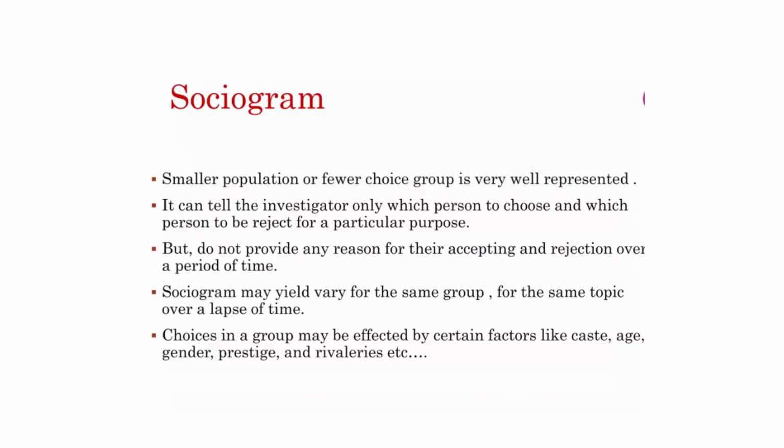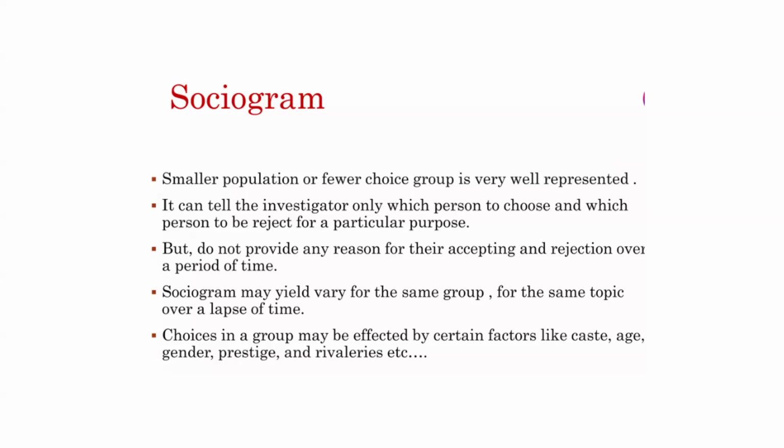So, a sociogram represents a smaller population with fewer choices very well. By using this sociogram, we can use it for a smaller population, because if we use it for a larger population, it's somewhat difficult to take decisions. It can tell the investigator only which person to choose and which person to reject for a particular purpose.